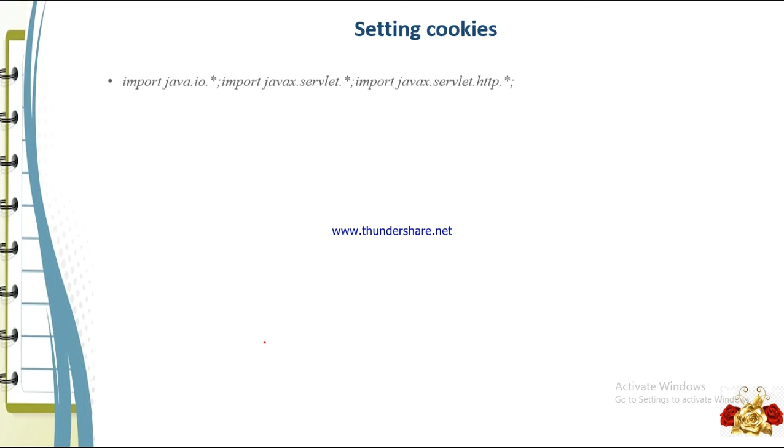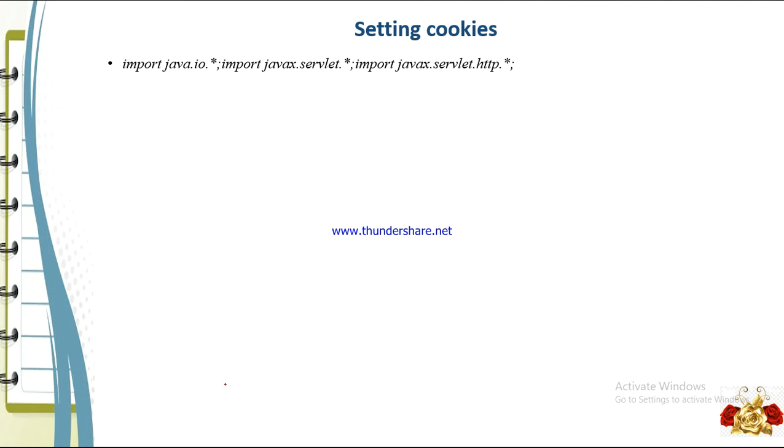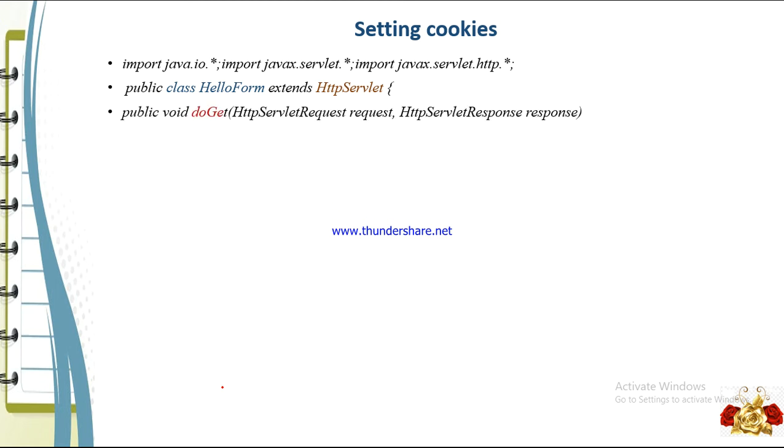Next, setting cookies by using a program, a Java program. Just see the flow of the program. The flow of the program for Java uses the Java header files. In servlet applications, we also use a class name, class HelloForm, and the servlet functions.